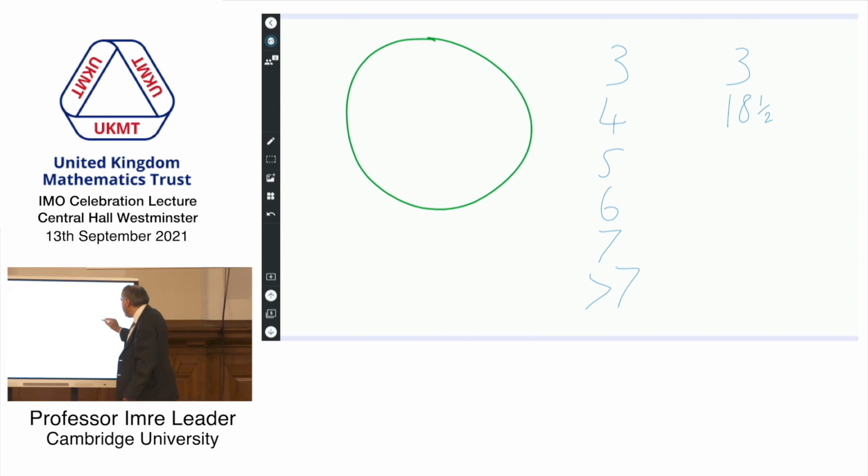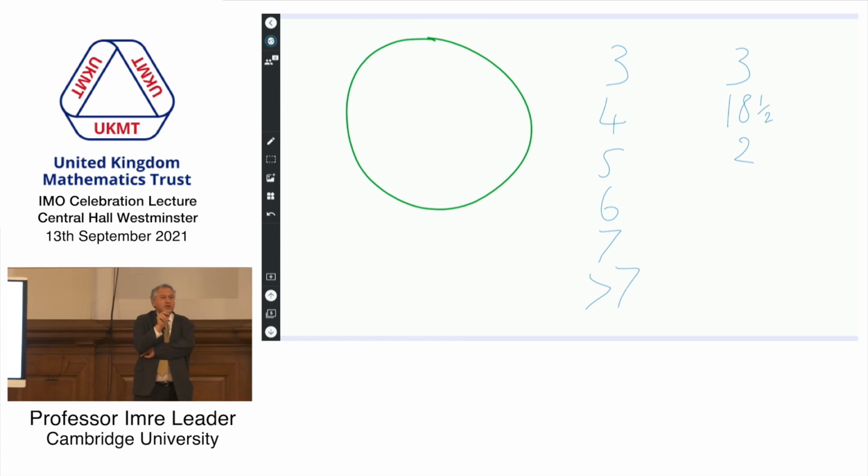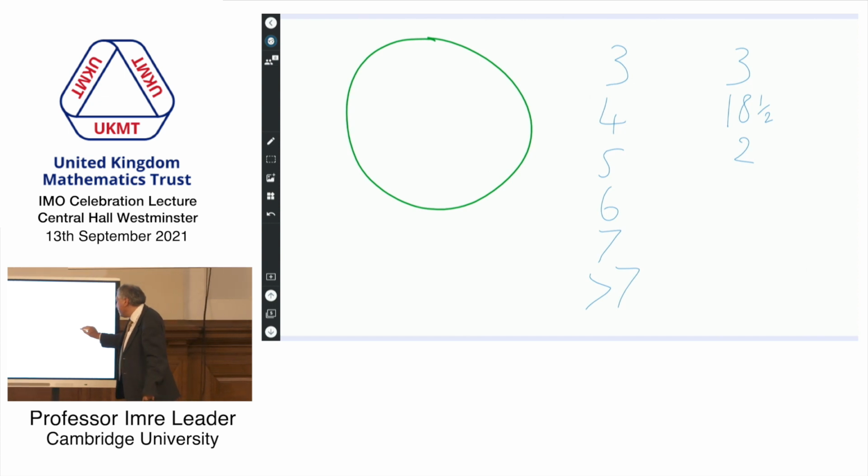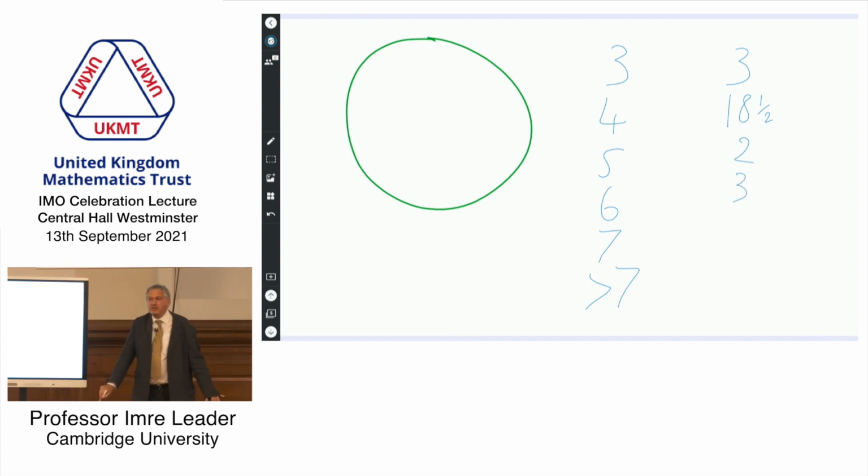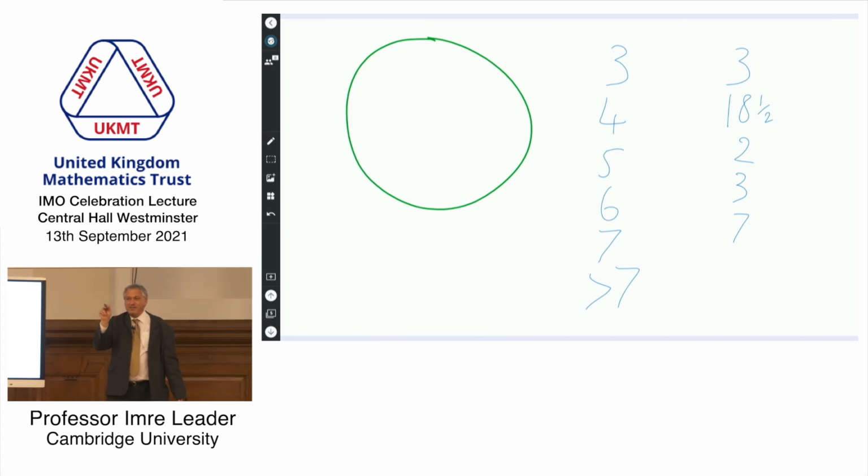Two people. 6? 3 people. 7? 77, I mean more than 7. 16, okay.